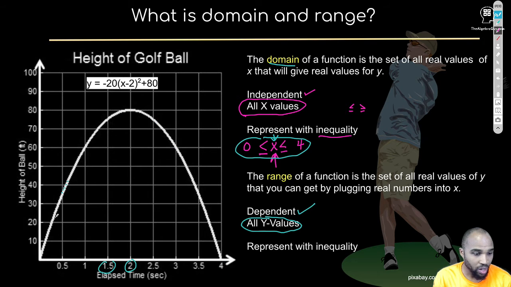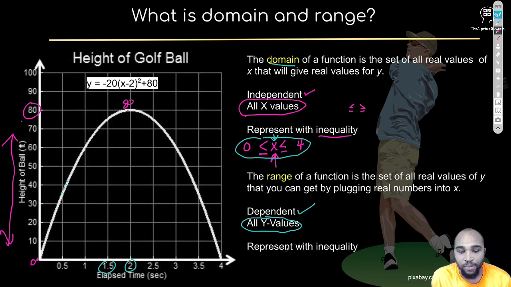But what about the y values? I want to know from 0 all the way up to, it looks like this graph goes to 80. That's as high as it's going to get. So I'm looking at my y values and thinking, what are all the possible y values of this function from 0 all the way up to 80? So I could say this is going to be from 0 all the way up to 80.